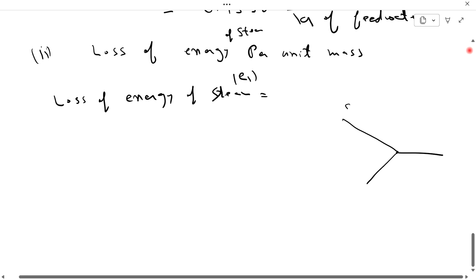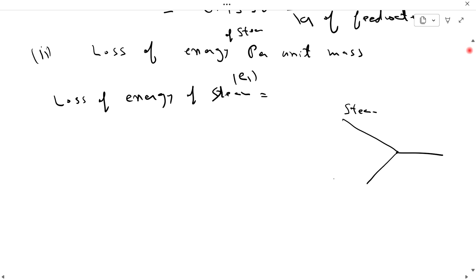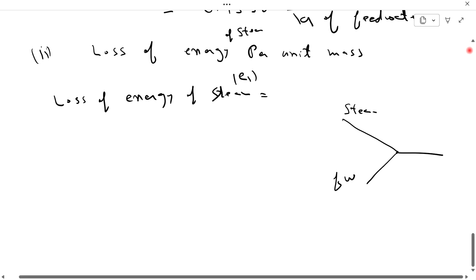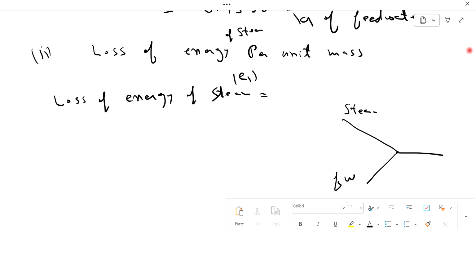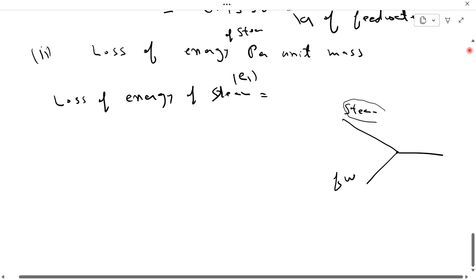This is the steam entrance to the feed heater. This is the feed water entrance, and this is the exit of steam plus feed water. After entrance and exit, how much exergy does this steam lose? At this point the enthalpy is H1 and entropy is S1.